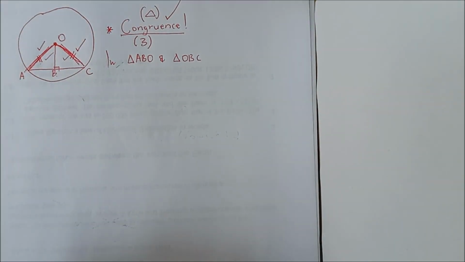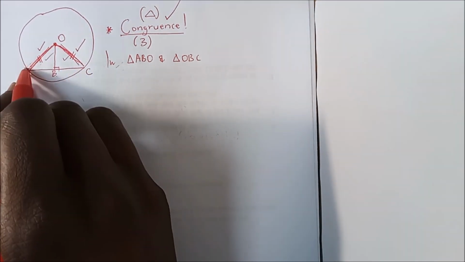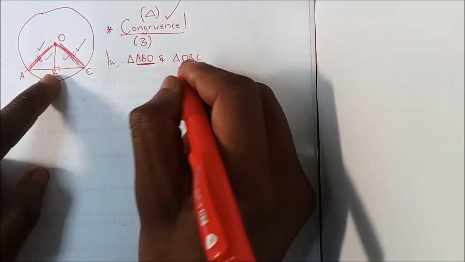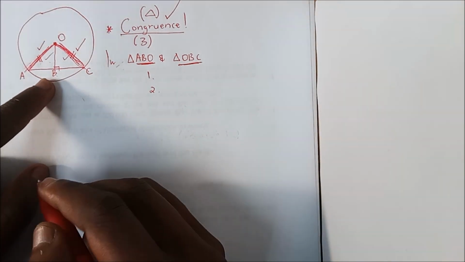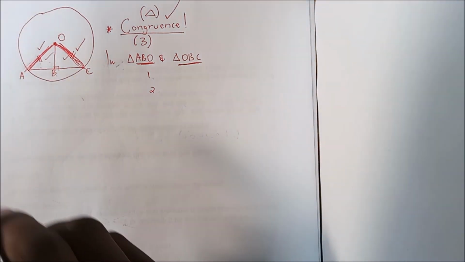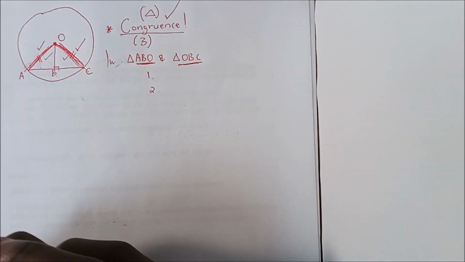No problem. So what do we notice? OA, which is this line in this triangle, is equal to OC, which is in that triangle. So we have one condition. Number two, what do you notice about OB? You find OB in triangle 1 and you find it in triangle 2. So we can just say OB is common.